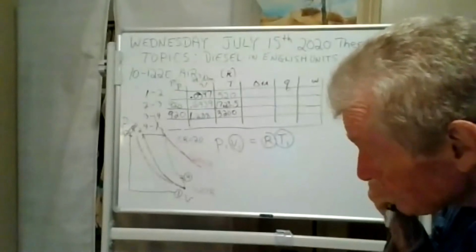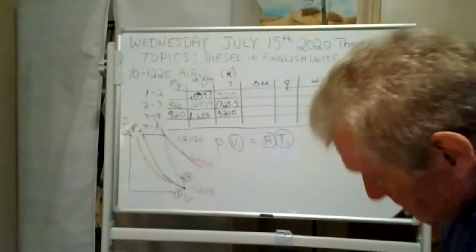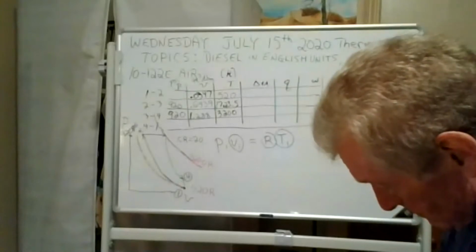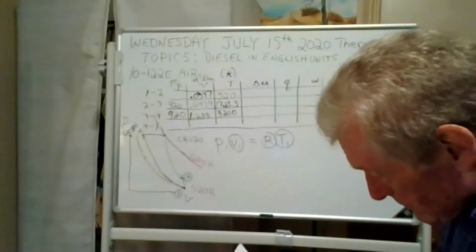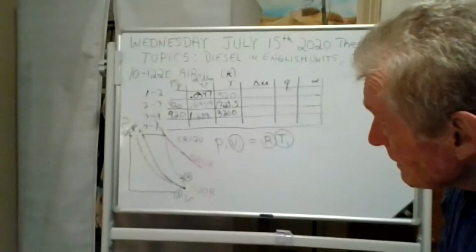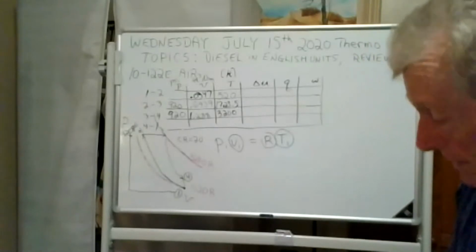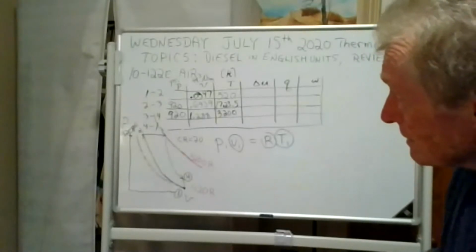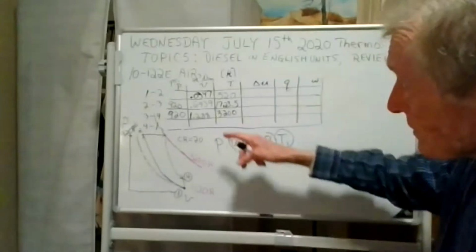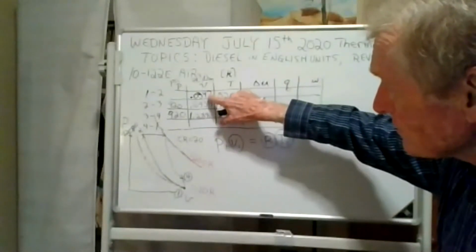I think I made a mistake here, guys. Looking at the graph, it feels like V1 should be a lot larger. Yeah. Something bad happened. V1 should be bigger than V2, right? Significantly. So what did I do?